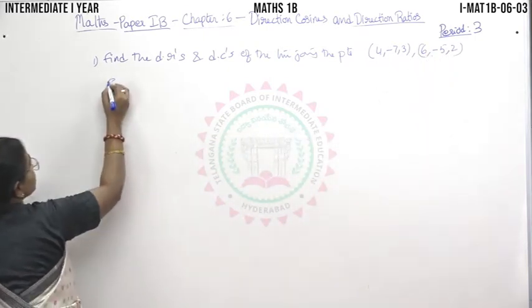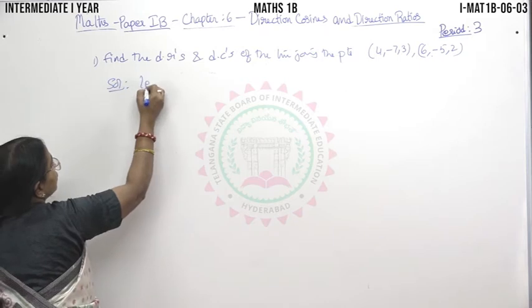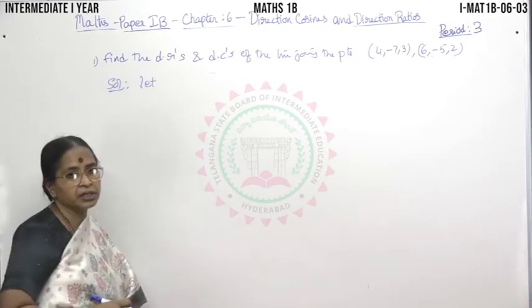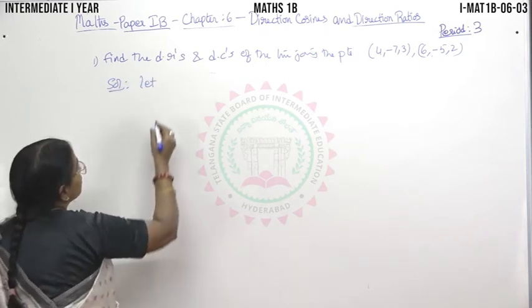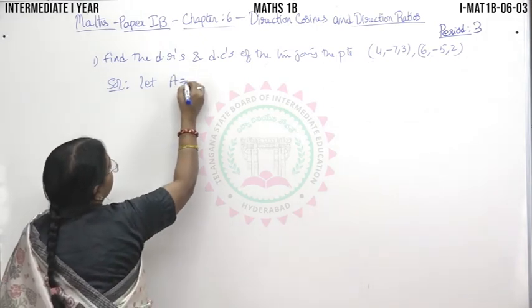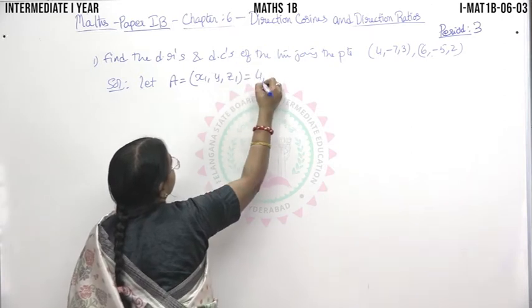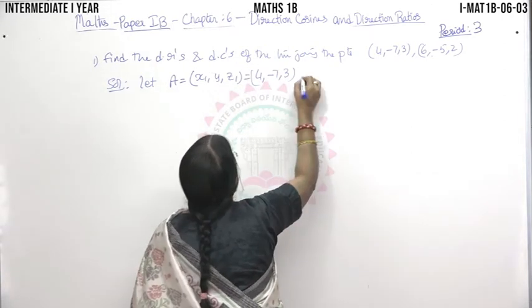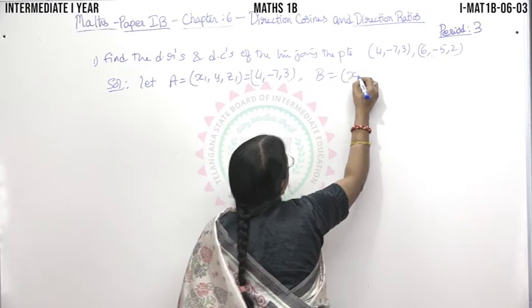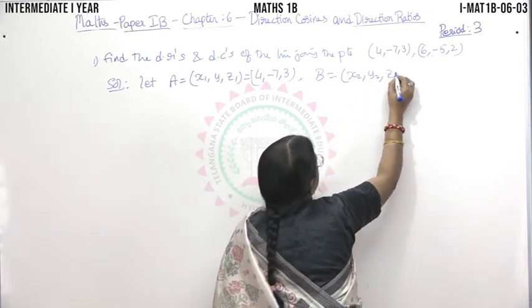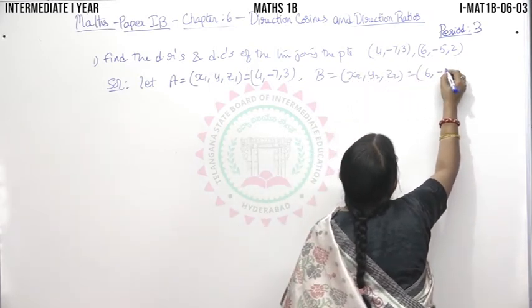In the solution, first you should know how to find the direction cosines and direction ratios. Then it becomes easy. Problems are all very easy. So you take the point A as x1, y1, z1, that is 4, minus 7, 3. And then B as x2, y2, z2, that is 6, minus 5, 2.